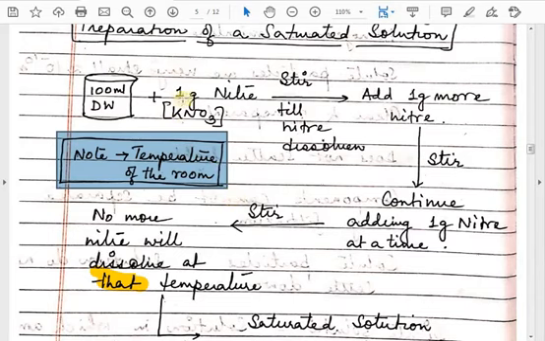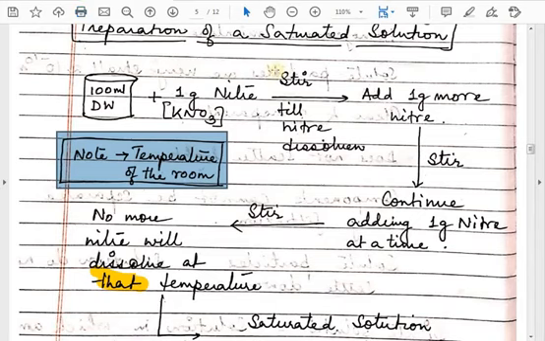So let's say 4 gram of nitre is dissolved in 100 ml distilled water at 25 degrees Celsius. It doesn't mean that if you increase the temperature, the 4 gram of nitre will dissolve in 100 ml distilled water. It may happen that if you increase the temperature to 30 degrees Celsius, let's say, the grams of nitre dissolved in 100 ml may decrease, or it may increase.